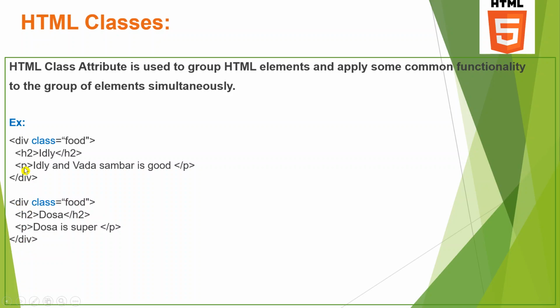So this is one division, and these two elements are another, separate division. Let us render it so that you will be able to see how classes work and how powerful they are.